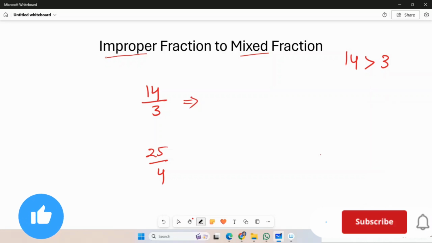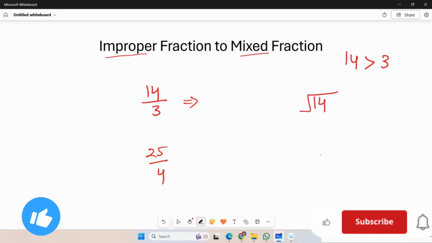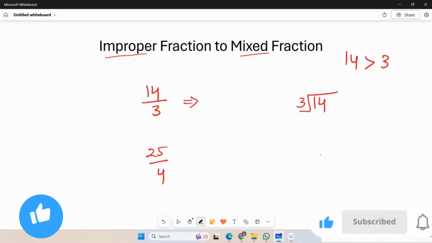Let's write 14 upon 3 into a mixed fraction. 14 as a numerator. Numerator will be our dividend. Denominator our divisor. So 3 times table we don't have 14 but we have 12. 3 times 4 is 12 and the remainder is 2.